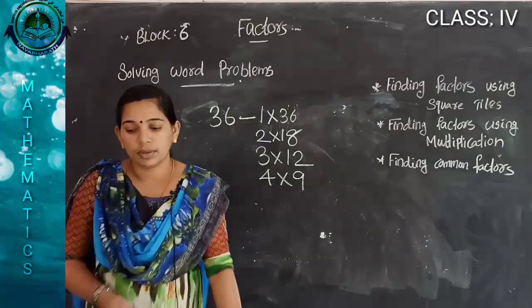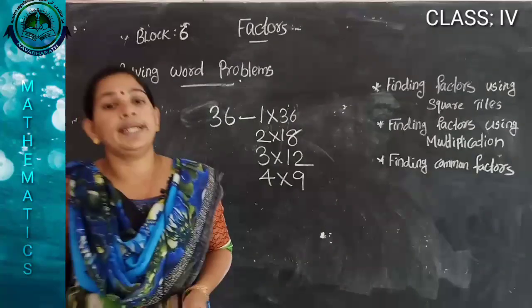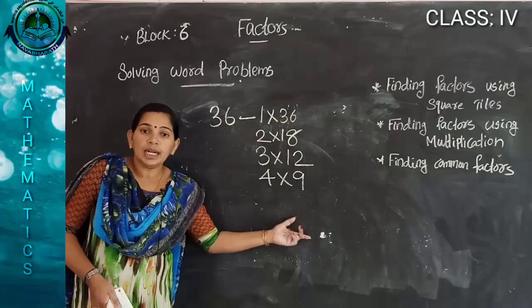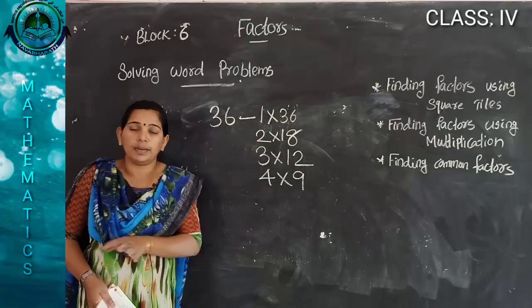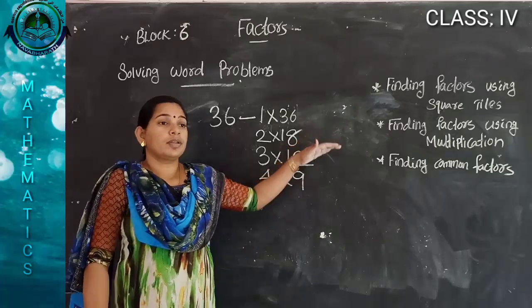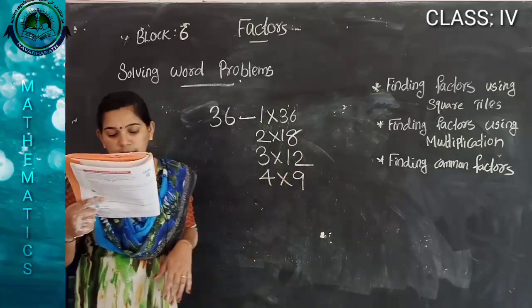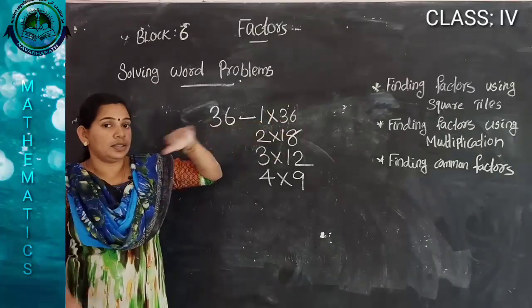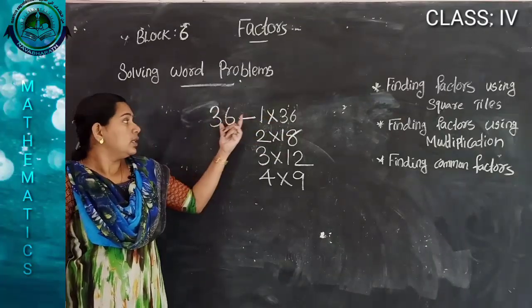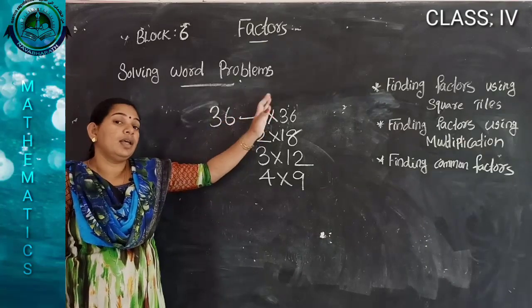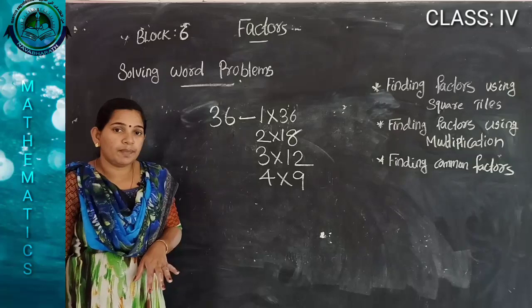Total number of stamps, 36. So you write these possible multiplication pairs. She has 36 stamps, so you write the factor pairs first.